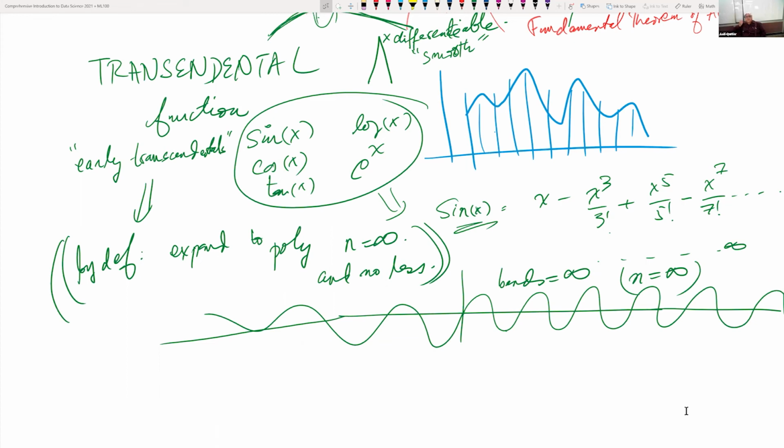Describing it. Wherever you see activity, if you look closely, you will see that things are described using transcendental functions all around you. The decay of a radioactive material, right? The decay of many things, they all are transcendental functions. So nature is written in the language of transcendental functions.